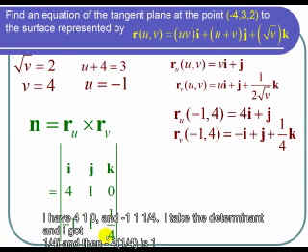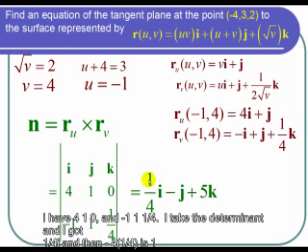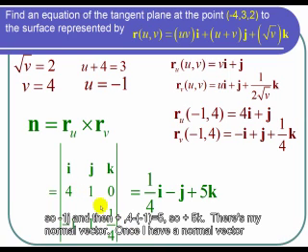And I take the determinant, and I got 1/4 i, and then minus 4 times a fourth is 1, so minus 1j, and then plus 4 minus -1 is 5, so plus 5k. So there's my normal vector.